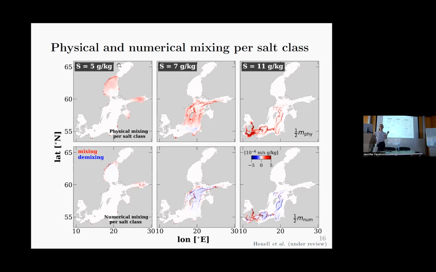So these are isohaline surfaces for 5, 7, and 11 grams per kilogram. And the main message that I want to show you here is just that ideally, the lower panel should be white everywhere, but it is not white. And we can see that the numerical mixing is quite strong in the Baltic Sea, for instance. So it's not negligible. That's already something we can see here.